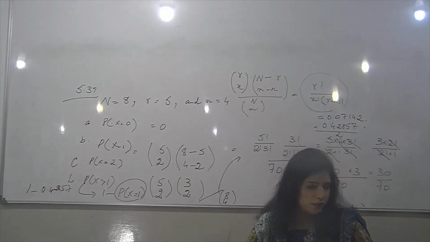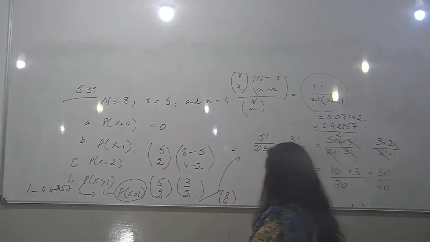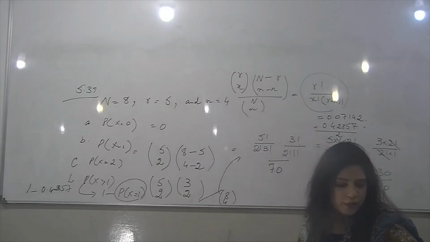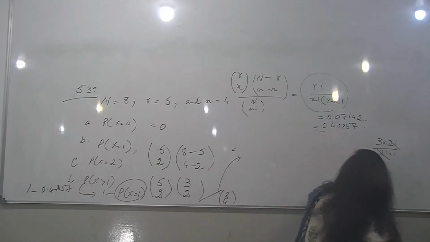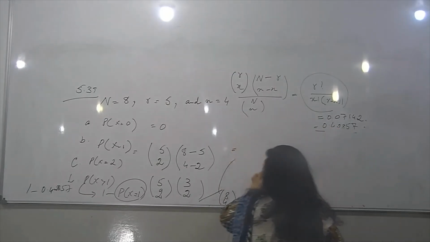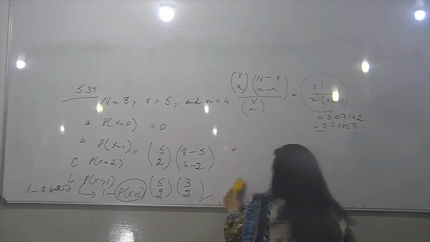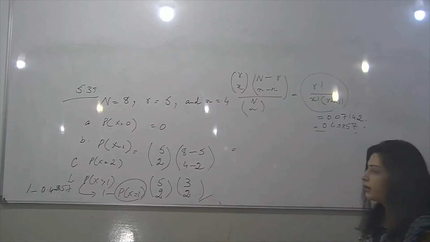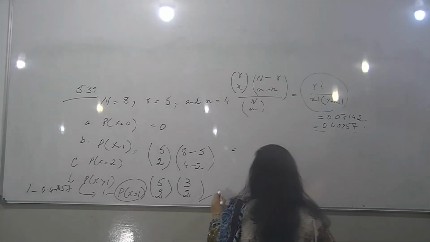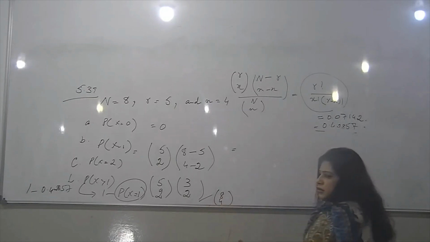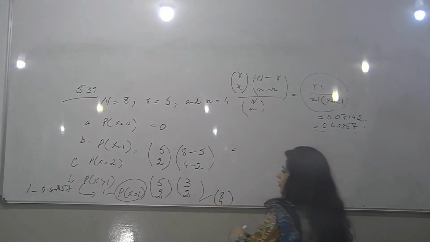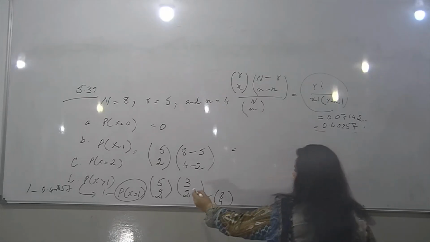Next, probability of x is equal to 3. Then you can also do probability of x equal to 4. Let me just do probability of x equal to 3, then you can just calculate the other parts. Again, you should know how to solve this factorial, which is of main importance, because if you just write and you give the wrong answer, that is not going to contribute towards the marks.